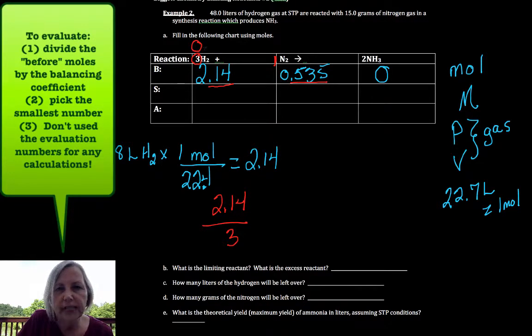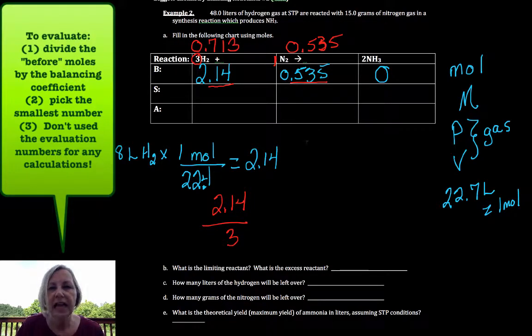And when you do this, I get 0.713. This one's a little easier because what I have over what I need is 0.535 over 1.